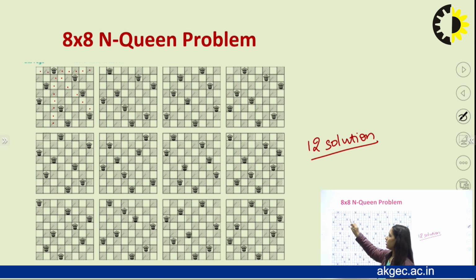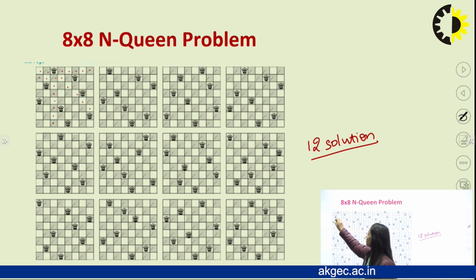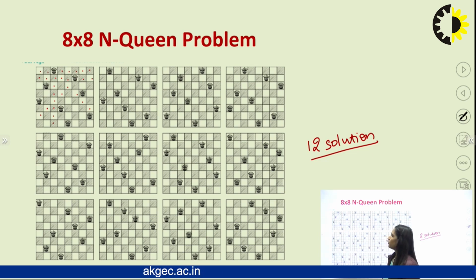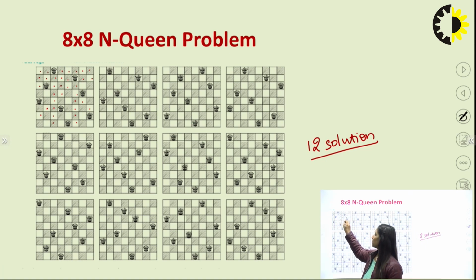If I put the next queen here, then for the 3rd queen I cannot put it here, this one is diagonal. Fine, I cannot put Q3 at these places. If I put Q3 here, I cannot put Q4 at these places which I marked, diagonally.